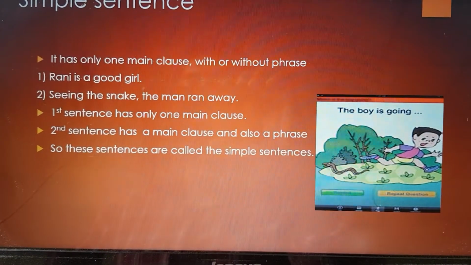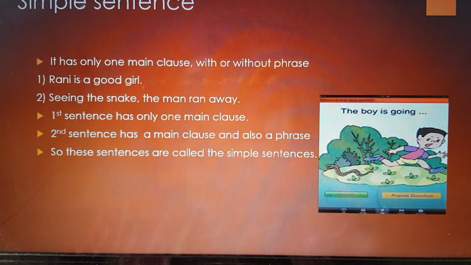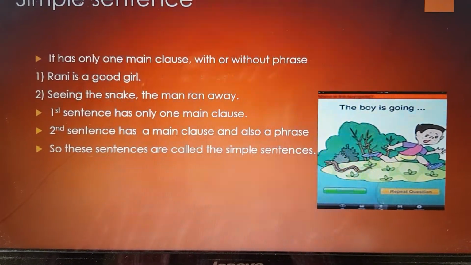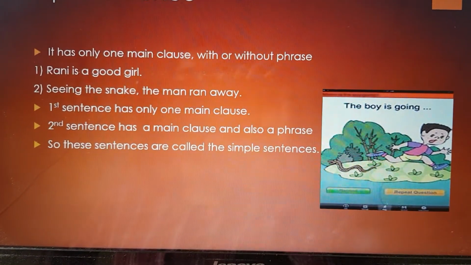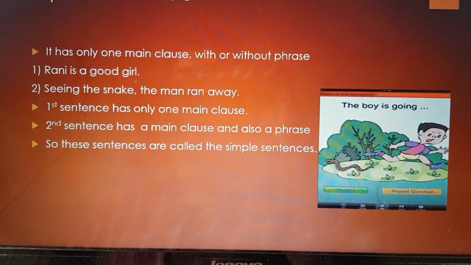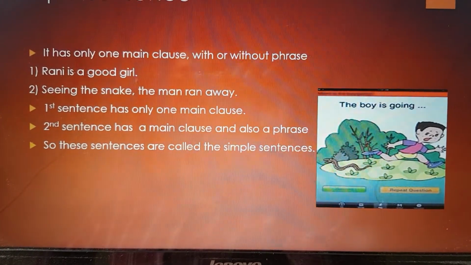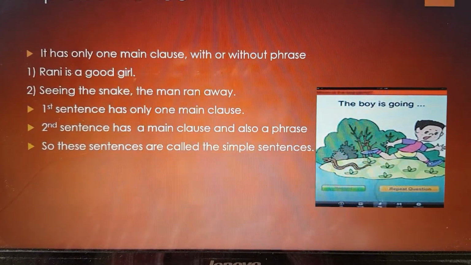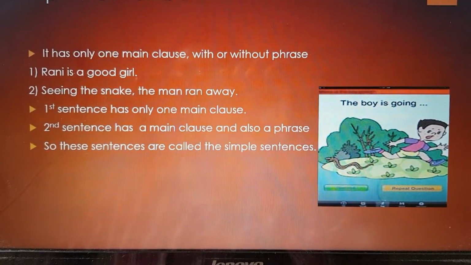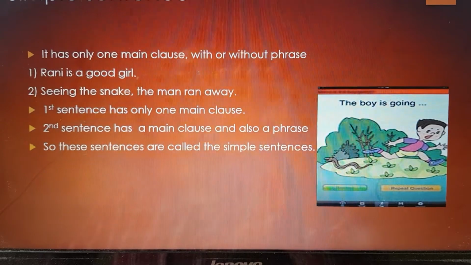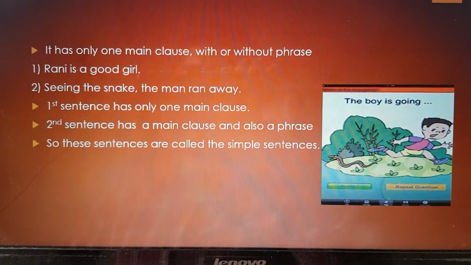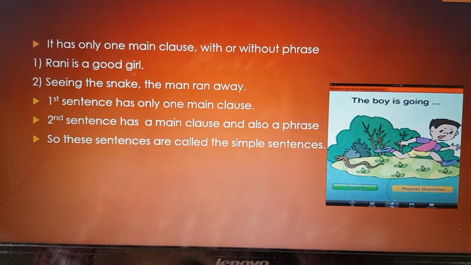In the first sentence, it has only one main clause, that is, Rani is a good girl. Whereas the second sentence has a main clause and also a phrase. So these sentences are called simple sentences. It has one main clause, that is, the man ran away, and it also has a phrase, that is, seeing the snake.